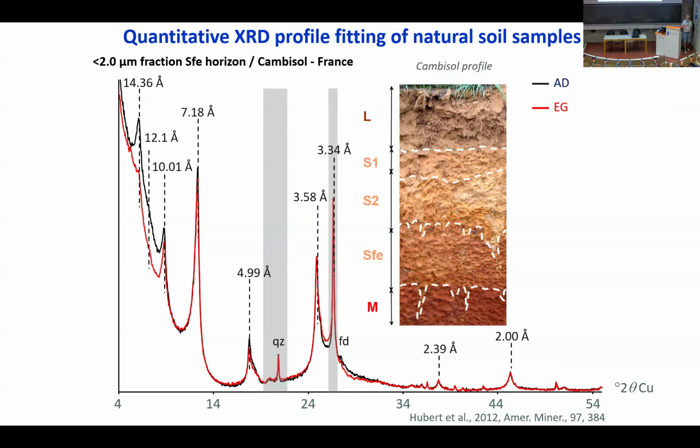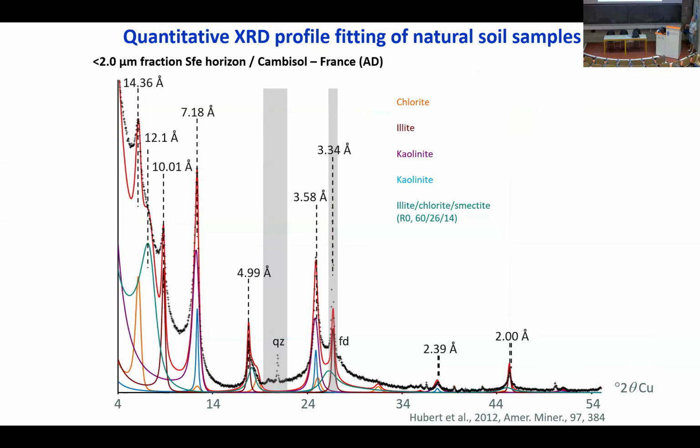Meaning that if I want to fit this diffraction data, what I have is chlorite, illite, kaolinite, where you use 2 contributions because of size distribution, and a mixed layer or interstratified structure containing illite, chlorite, and smectite layers. And with that, I'm able to reproduce most of the peaks from my diffraction data. And I'm happy with that.